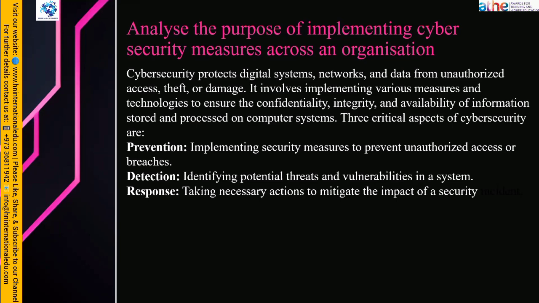Three critical aspects of cyber security are prevention, detection, and response. Prevention is something that happens before the occurrence of the cyber attack; you need to take preventive measures, which are covered in the point of prevention. It helps you guard against unauthorized access to your system, data breaches, and malware attacks.